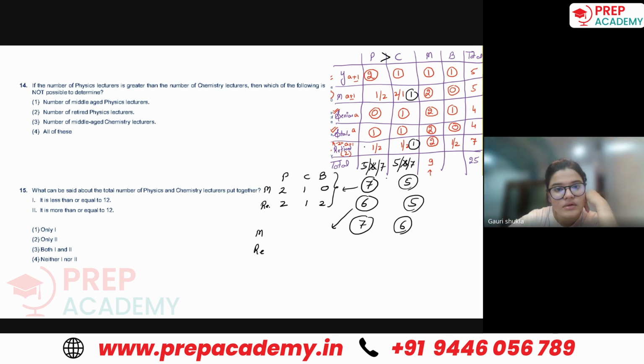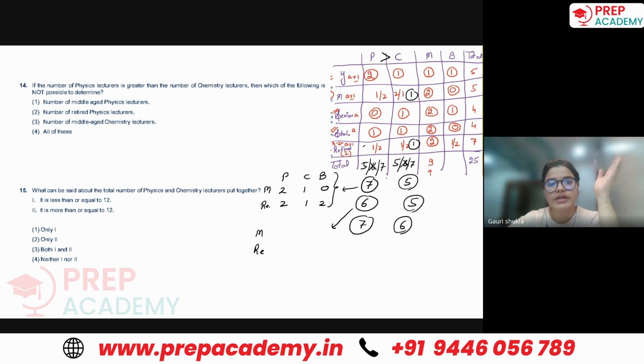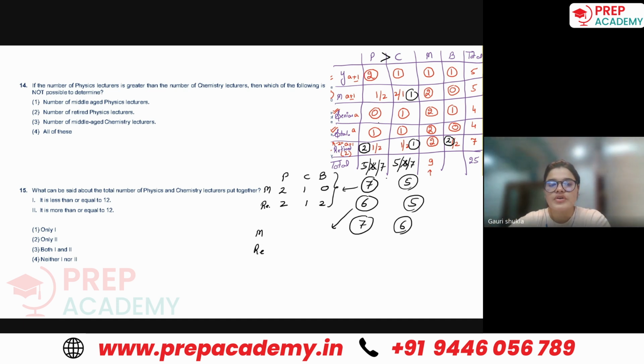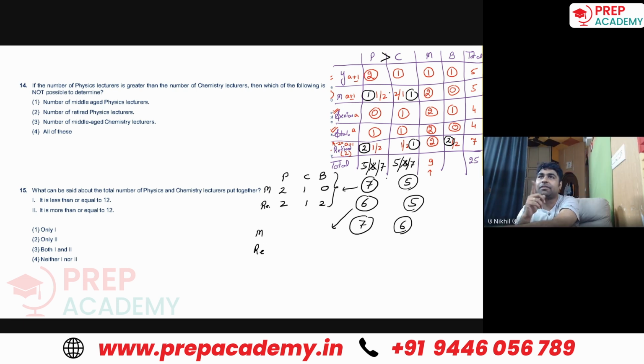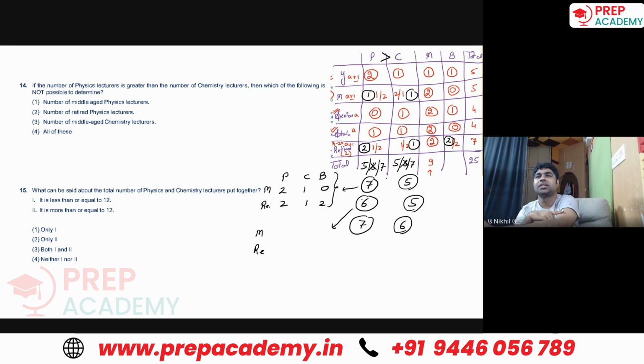But it won't fulfill the condition for the total in either of the two cases. It can if this is 2 and this is also 2. So 2, 4. But it's not fulfilling for middle-aged because that will be 1. Very good. So 1, 1, 2 and 2, 4, no, this won't fulfill the possibility, right? So the 6 and 5 case is gone.